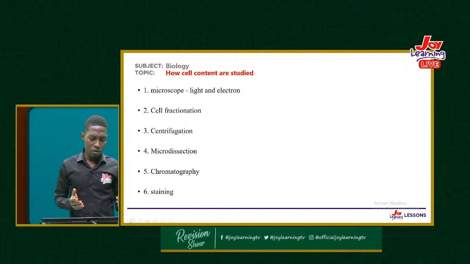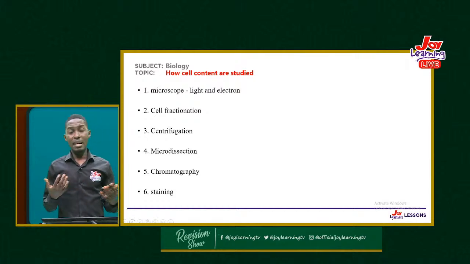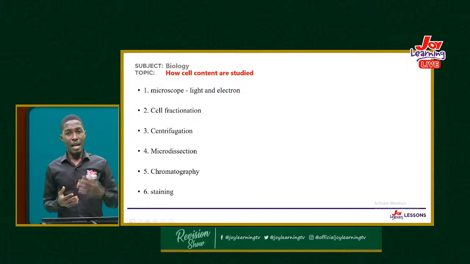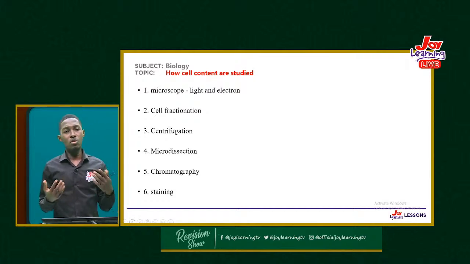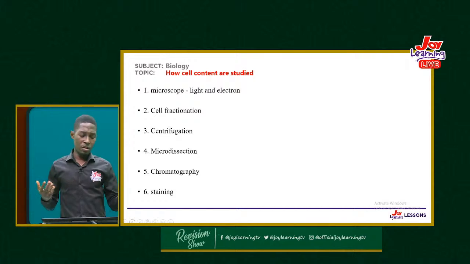Then we have chromatography. It's mostly chemistry. It is how certain chemicals rise up on a paper. So they also use this to know the content of most of the organelles that we know. And the sixth one is staining.